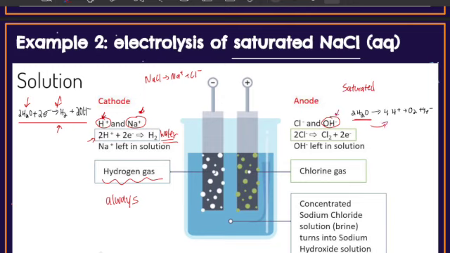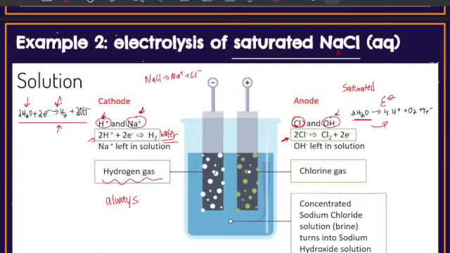So some waters will dissociate, just be hanging out in solution, or Cl minus. Based on the electrode potentials, the 2H2O yielding oxygen is what should happen, but if I saturate with enough NaCl, I can actually force chlorine to get oxidized instead.